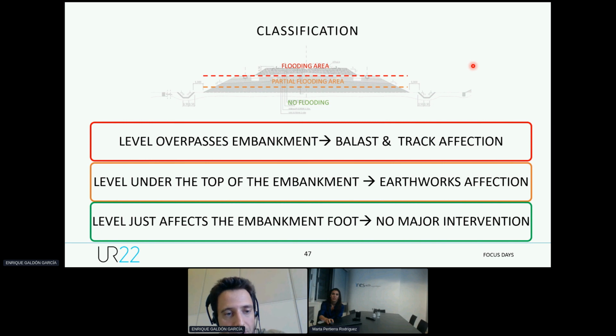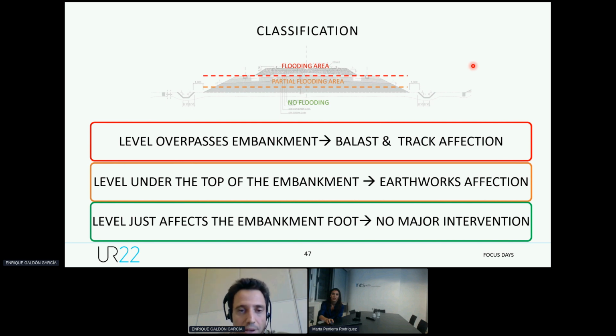Afterwards, we have orange, when the level reaches the embankment. It doesn't reach all the way to the top, but it's affecting it and has certain local failures, that the good thing is they can be addressed from one of the sides of the platform, not needing to interrupt the traffic, and maybe just introducing speed reduction or limitation.